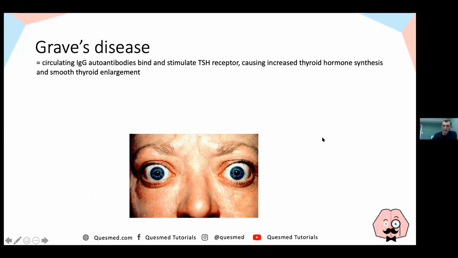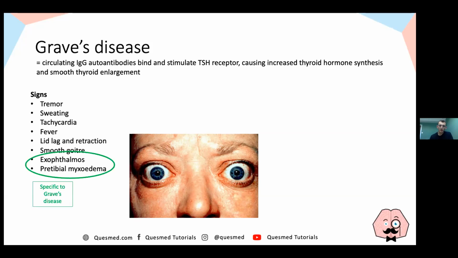Graves' disease is basically caused by circulating IgG autoantibodies that bind and stimulate the TSH receptor. That causes increased thyroid hormone synthesis and thyroid enlargement. As I was saying before, the signs associated with Graves' disease are the usual signs of hyperthyroidism. Then there are two signs that are very specific to Graves' disease: exophthalmos and pretibial myxedema, both due to the circulating TSH receptor autoantibodies.